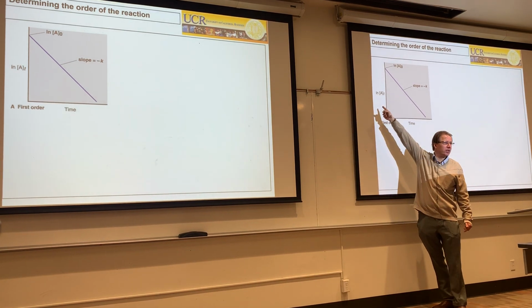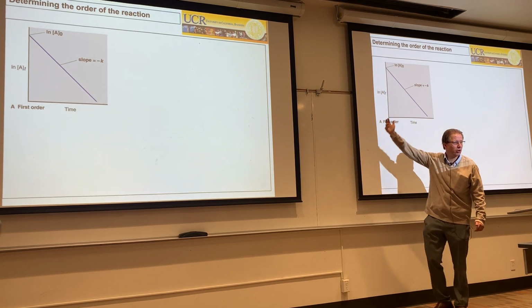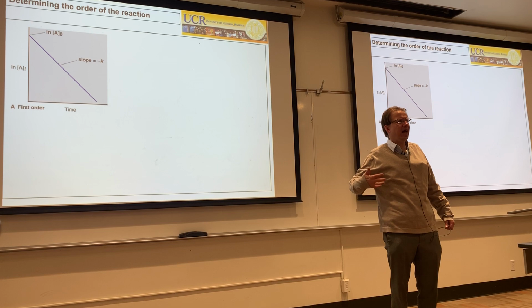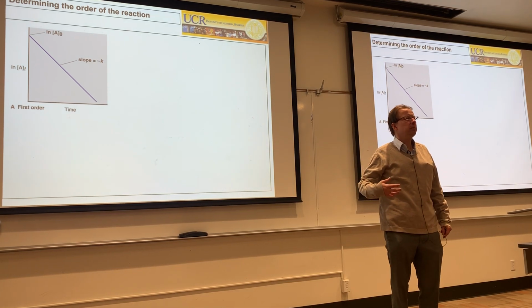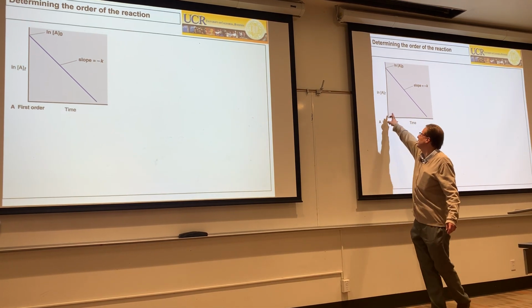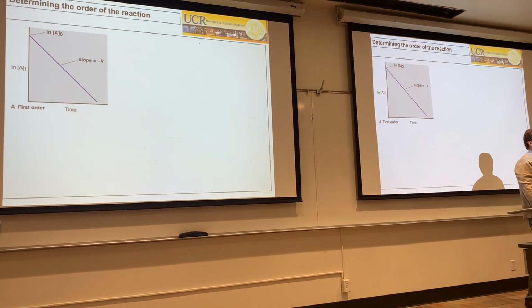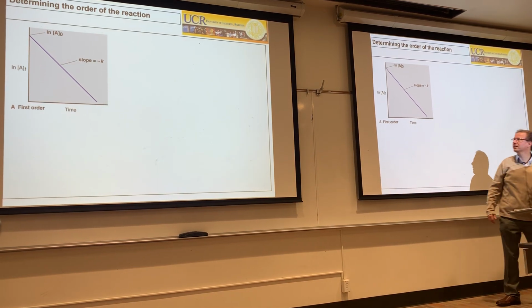What it says over here, I'm plotting ln of the concentration of A. In reality, nobody would plot ln of the concentration for A. You would plot the concentration of A over here, and then tell the software to make that plot logarithmic. It's a much easier way of dealing with that.